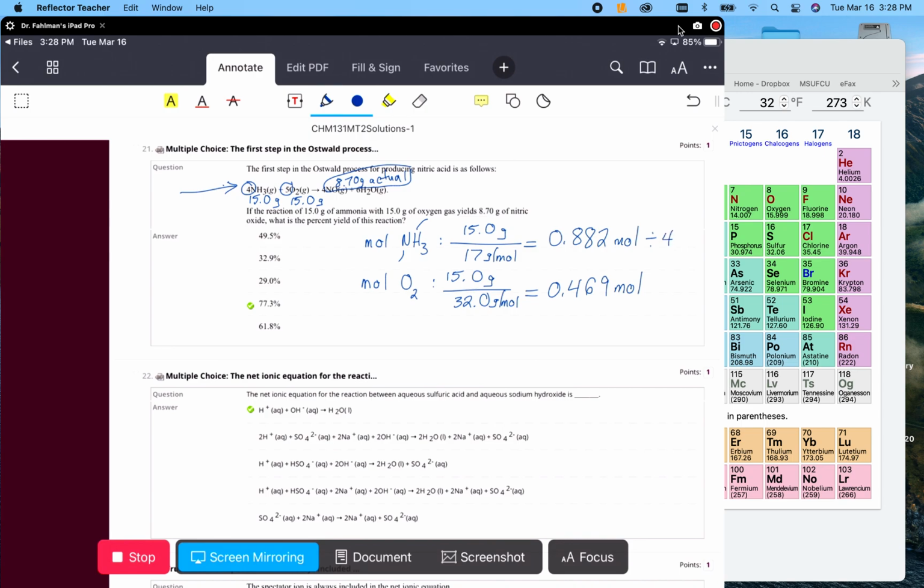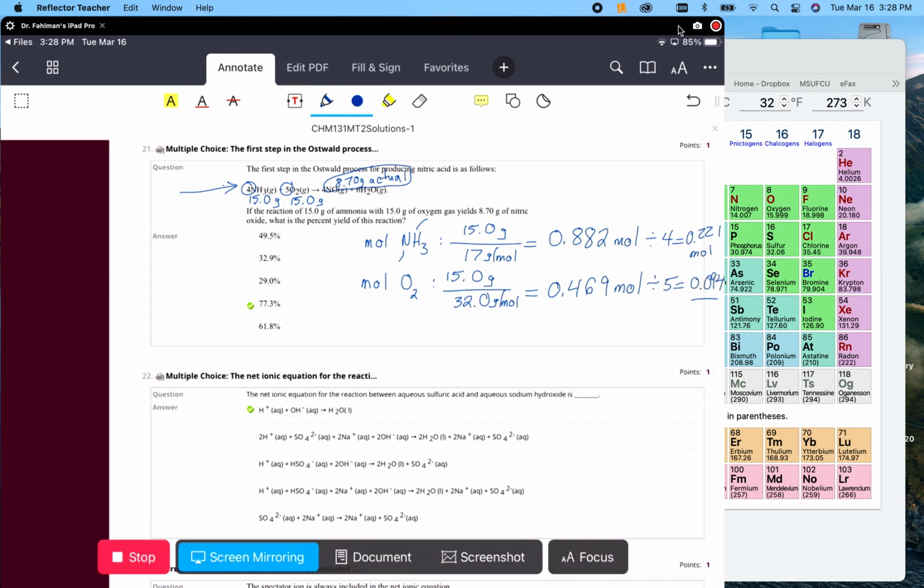Now let's divide each by their coefficients and then compare. Ammonia we divide by 4, oxygen we divide by 5. 0.882 divided by 4 is 0.221, and 0.469 divided by 5, we get 0.094.